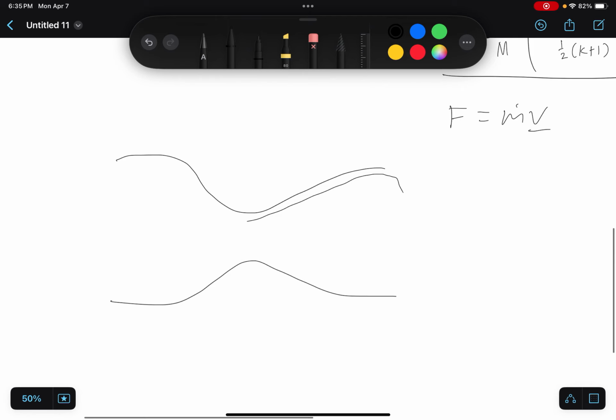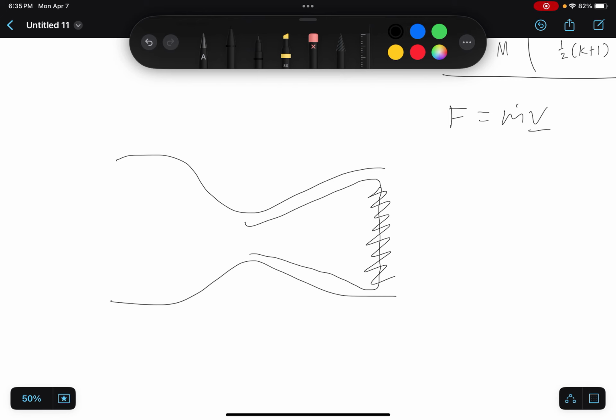It'll shrink so much that it will cause a normal shockwave in the exhaust. And normal shockwaves suck because they reduce the velocity.